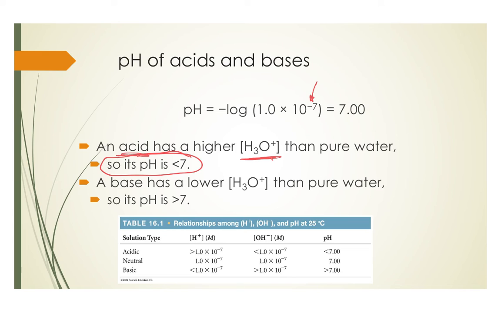So acids have pHs of less than 7. Likewise, a base is going to have a lower H3O plus than pure water because H3O plus and OH minus are related to one another. So as a result of that, in a base, the pH ends up being greater than 7. There's a table down here summarizing that both in terms of concentrations and in terms of the pH.